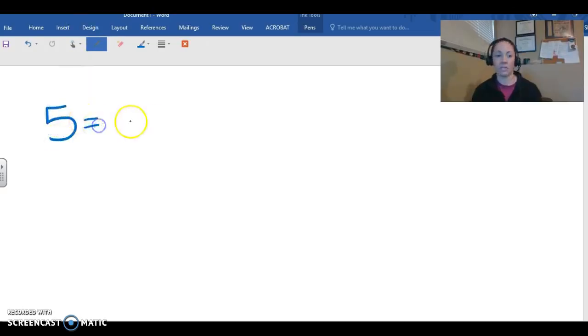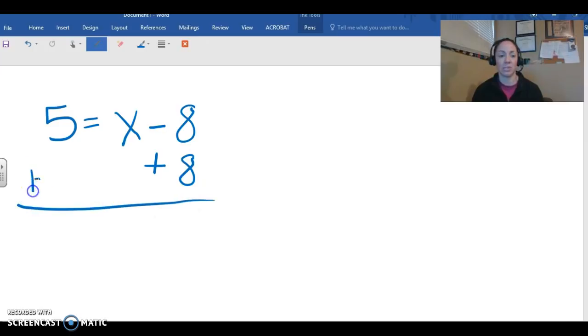5 equals x minus 8. So this time we're subtracting. And we still have to do the whole inverse operation thing. And the opposite of subtracting is adding, which means we have to add 8 to both sides of the equal sign. We have to keep it balanced and even.